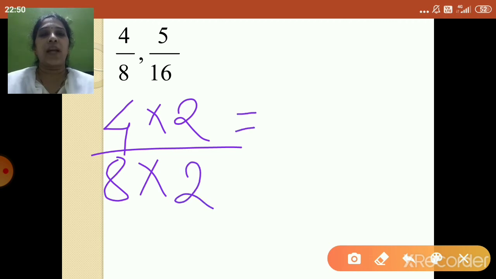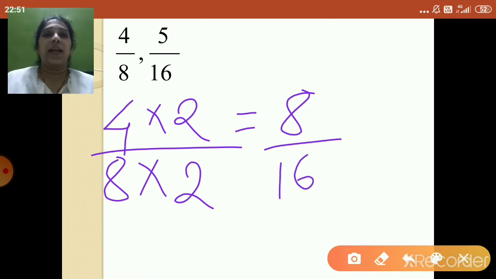So 4 twos are 8 and 8 twos are 16, right? So 8 upon 16 and your other fraction is 5 upon 16, right? So these both are like fractions because both the denominators are the same, that is 16.